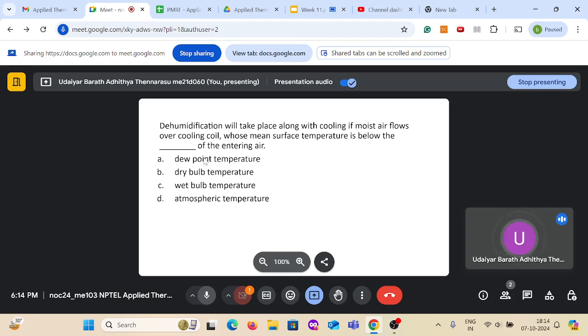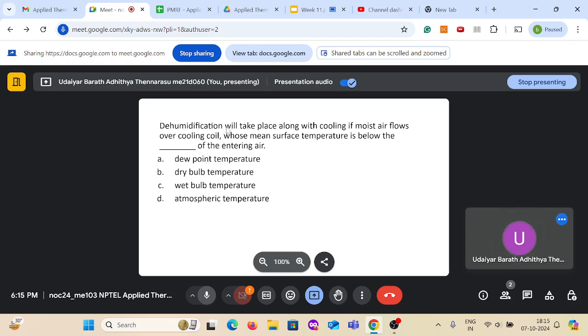The water as vapor in the air as a mixture is now condensed, so the net quantity of water in the air will be reducing. So we need condensation, and for that to happen your temperature should be at the dew point temperature, or else it will not condense. So the answer is A, dew point temperature.